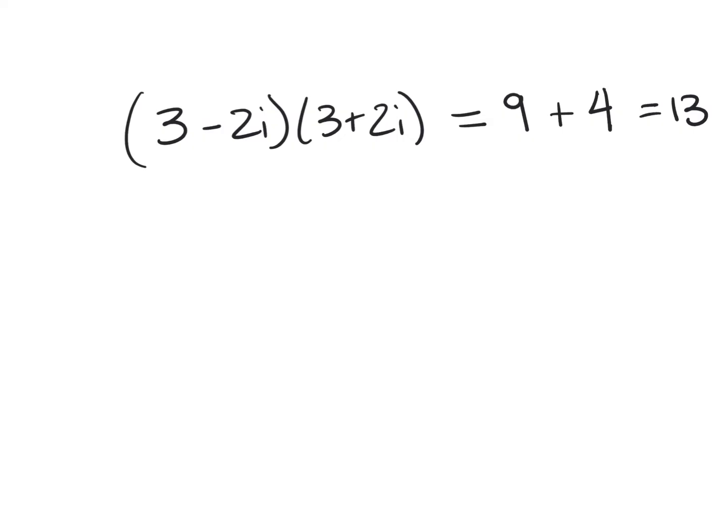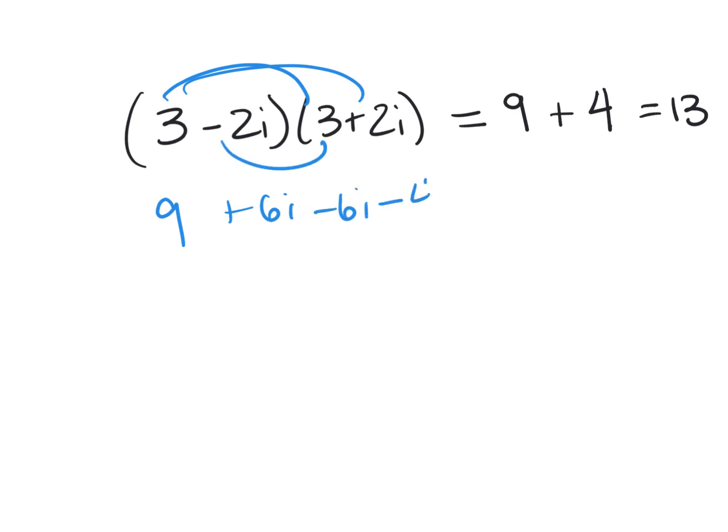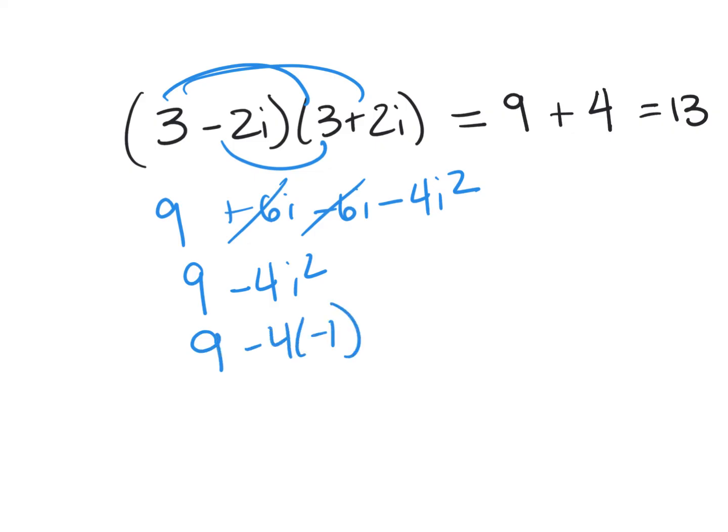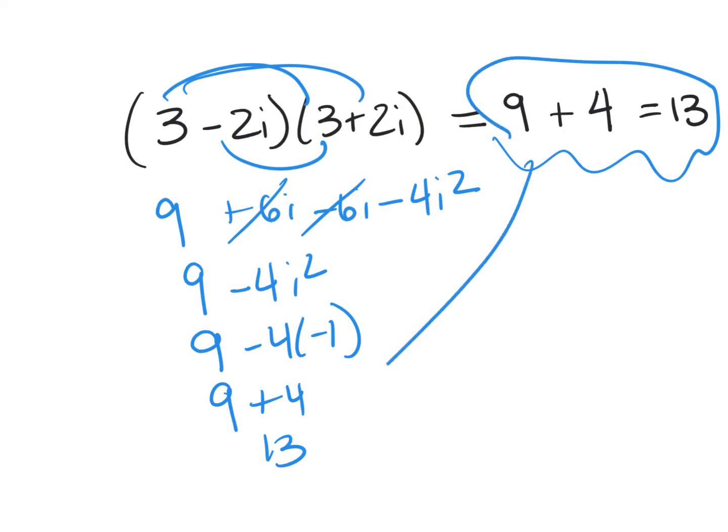But we'll go the long way and FOIL it out just to make sure that we did it correctly. 9 plus 6i minus 6i minus 4i squared. Cancel, cancel. 9 minus 4i squared. 9 minus 4 times negative 1. 9 plus 4, 13. Short way, because we proved it. Long way, just using FOIL. When in doubt, FOIL it out.